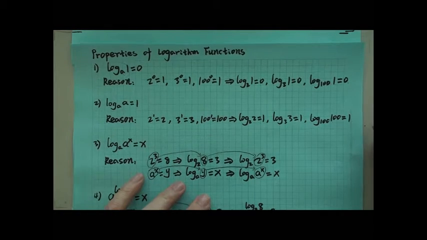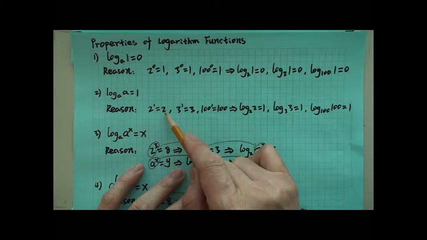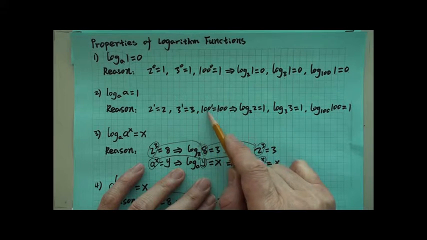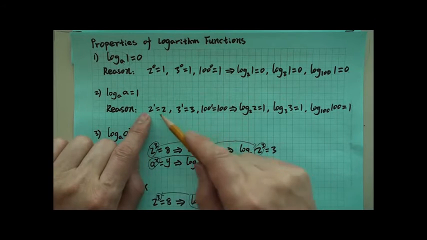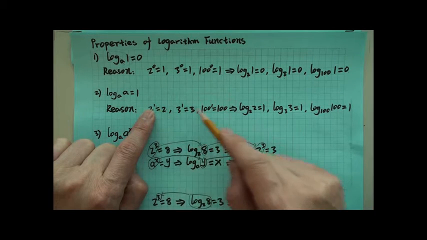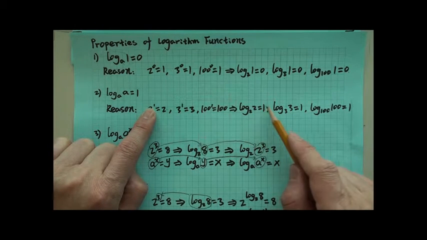Another thing is that we know 2 to the first is 2, 3 to the first power is 3, 100 to the first power is 100. Then log base 2 to the 2, you find out the exponent, because the logarithm is to find out the exponent. That's 1.